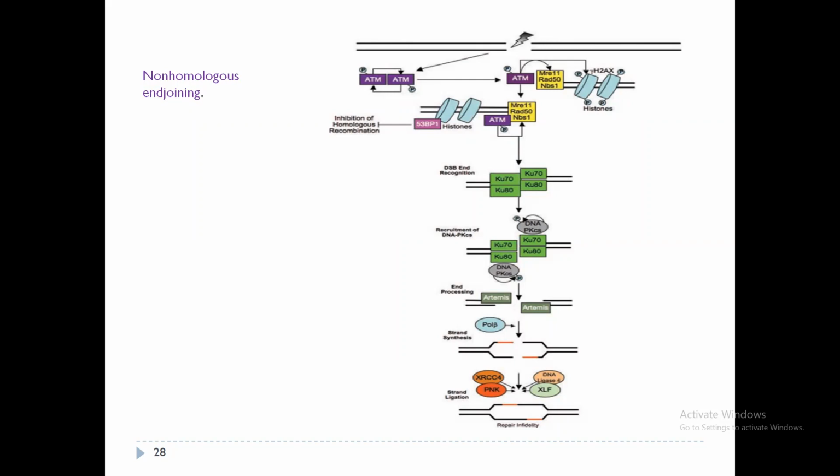So the endonuclease will cut the DNA strand, and finally a gap will be created that will be repaired by DNA polymerase, and then finally a complex will be formed consisting of XRCC4, PNK, DNA ligase 4, and XLF, and this complex helps in the final ligation step.